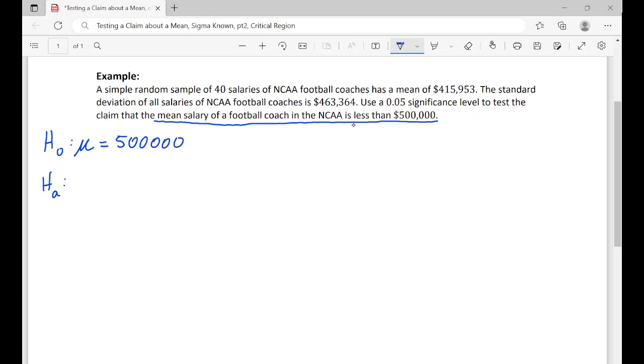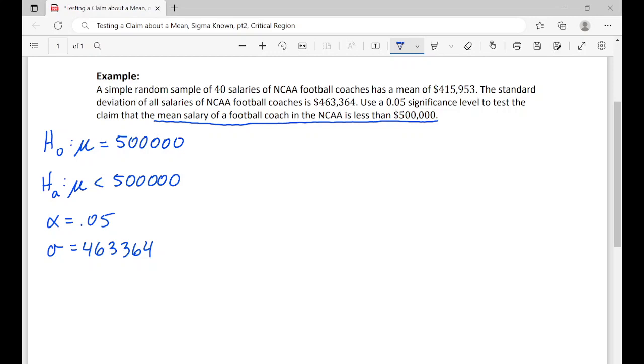And since they're saying it's less than, the alternative is going to be less than 500,000. And here we have an alpha value of 0.05. And we know our sigma value is going to be 463,364.